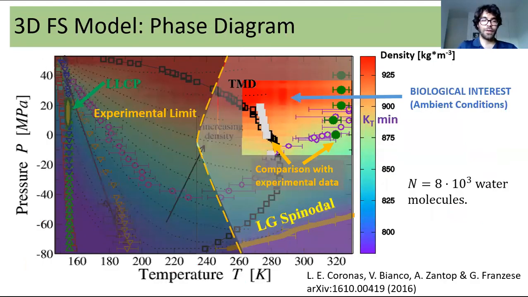Here we have the phase diagram of the model. We have open symbols representing numerical data obtained within the model, and filled symbols that represent experimental data. Here we highlight the region of biological interest, in which all of the phenomena involving proteins occur.